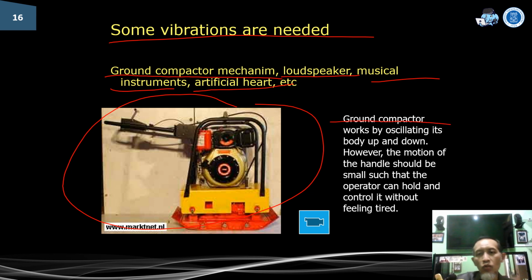A ground compactor works by oscillating its body up and down. However, the motion of the handle should be small, so that the operator can hold and control it without feeling tired.